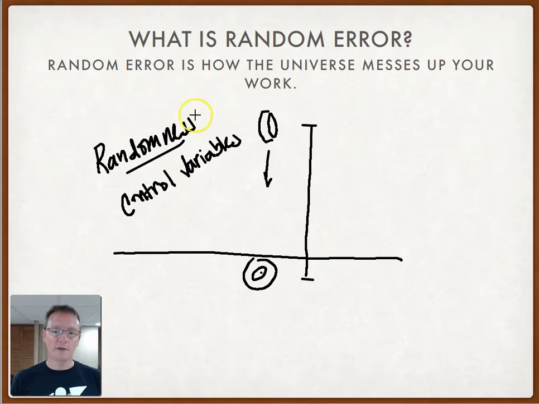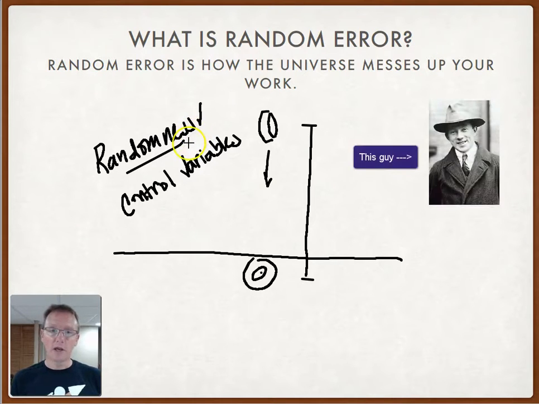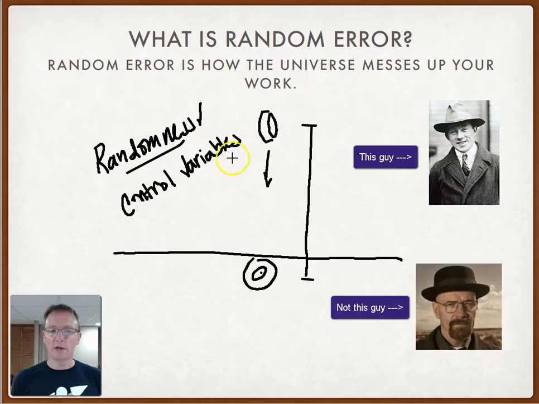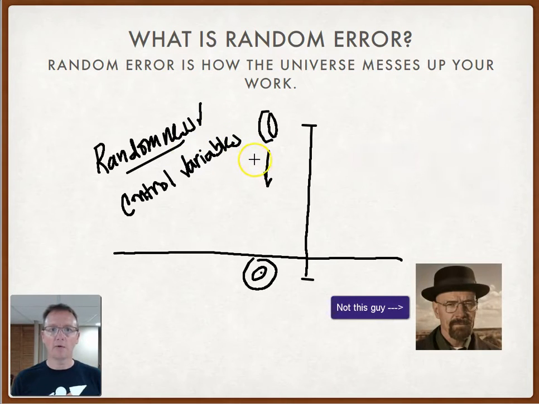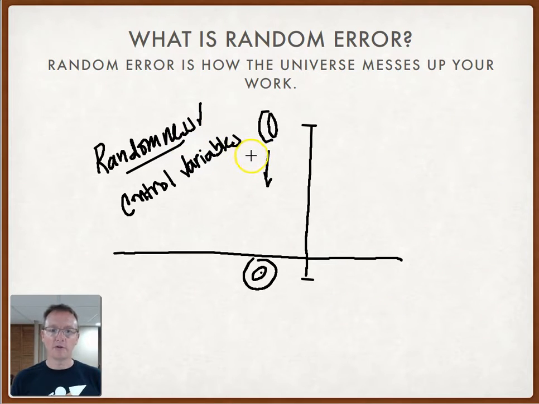Now, as I said before, this randomness is actually a fundamental part of the universe. A guy named Werner Heisenberg told us in his theory that there is a certain uncertainty that you cannot get rid of when you're trying to make measurements.